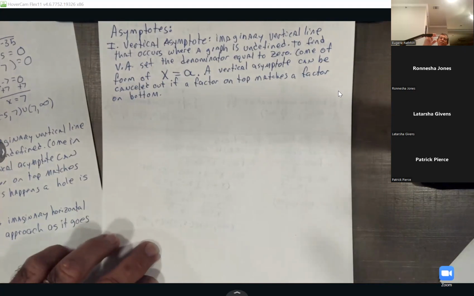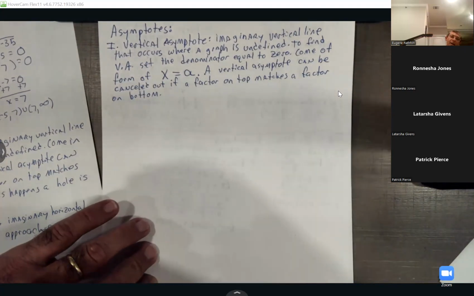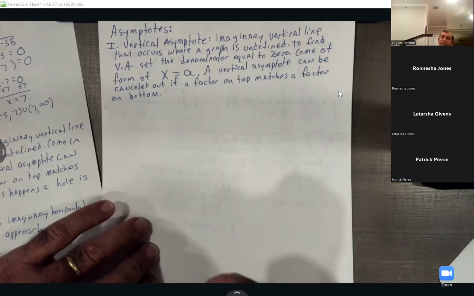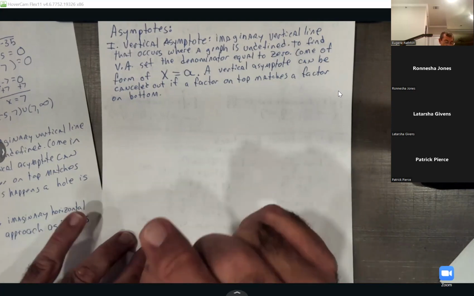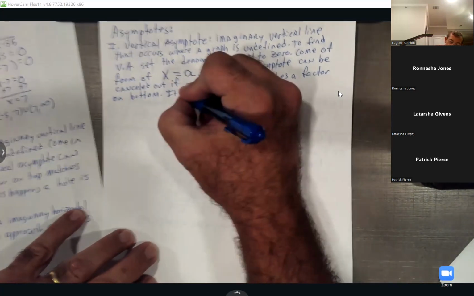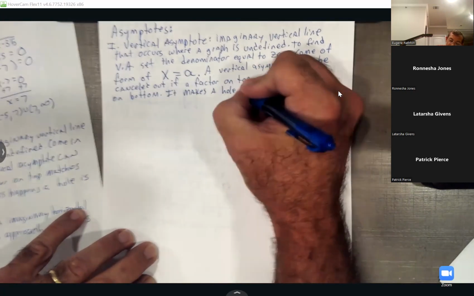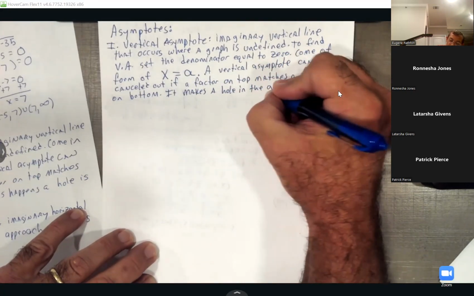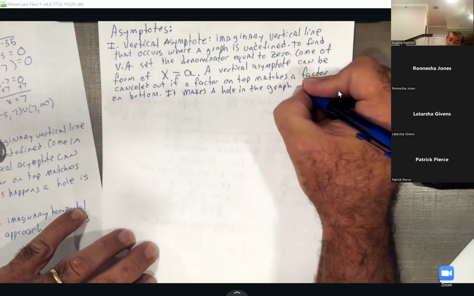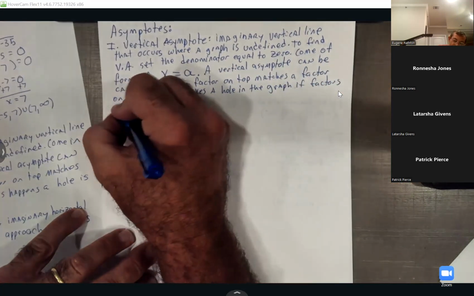So if the top of your fraction and the bottom of your fraction have the same factor, it'll cancel out and it won't create a vertical asymptote. What it does, instead, it makes a hole in the graph if factors cancel out.